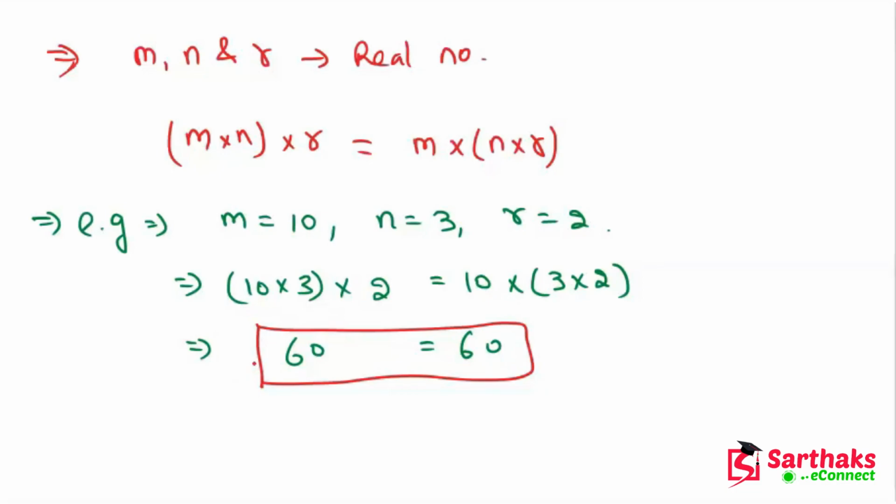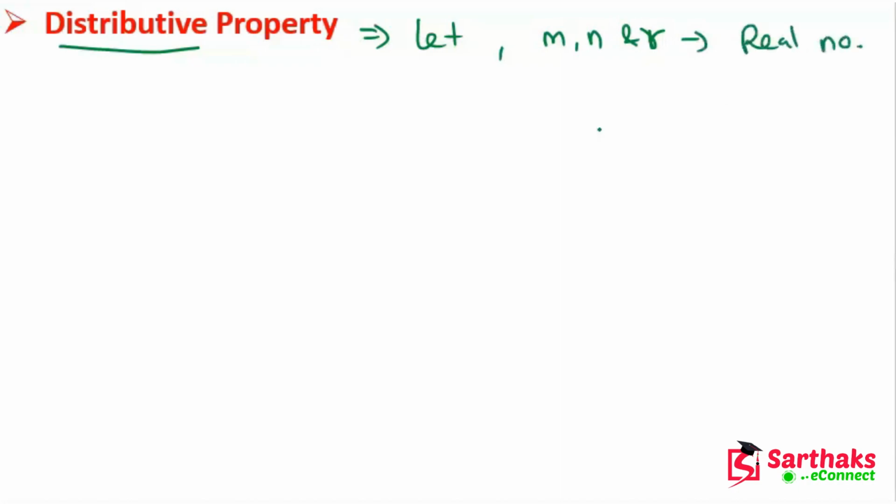Okay. So now next property is distributive property. Now what is distributive property? So my dear friends, as the name is distributive, in this we distribute the numbers. Again, let's suppose we have three numbers m, n and r, and these are real numbers. The distributive property is represented as, let's suppose we have m into n plus r.